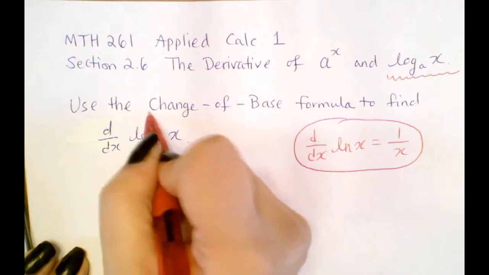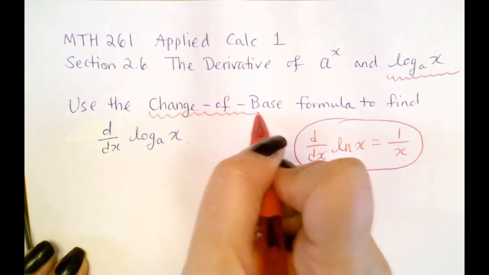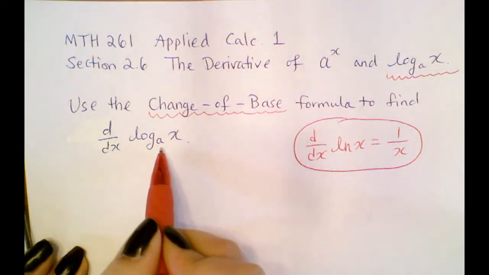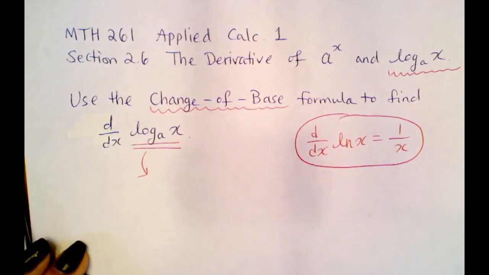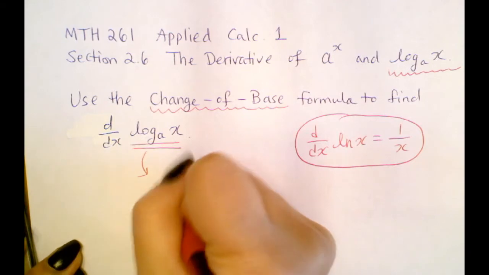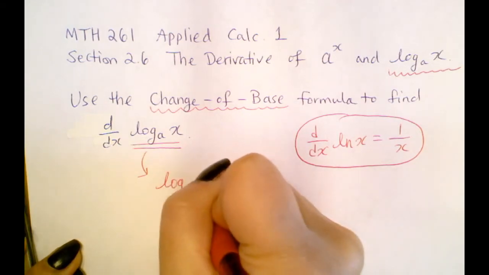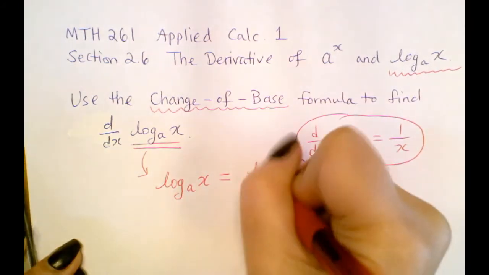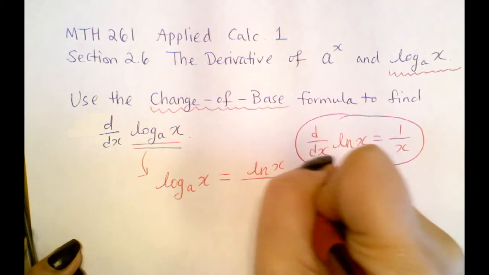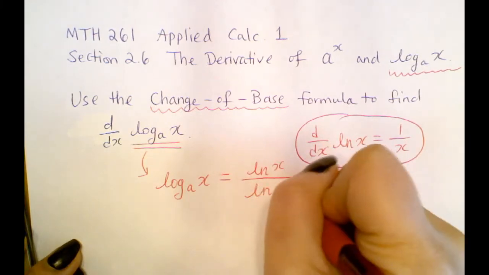Remember the change of base formula. I can use common log or natural log, but I'm just going to write this as a ratio of natural logs. So first, start by writing that log base a of x is equal to natural log of x over natural log of a.